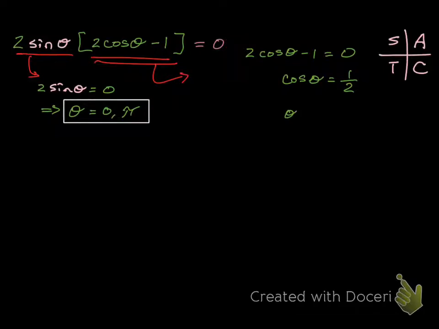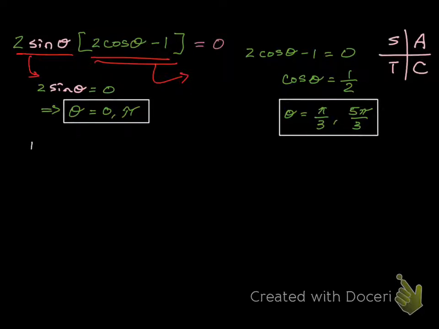So theta has to be in the first quadrant and the fourth quadrant to give cosine a positive 1/2 value. If we remember, cosine is 1/2 at our 60-degree angle, or pi over 3. In the first quadrant, that's pi over 3, and in the fourth, that's 5 pi over 3. So all 4 of those angles should give me a vertical tangent line.